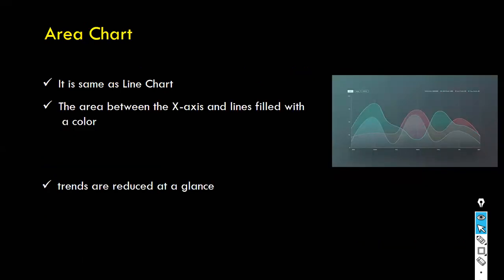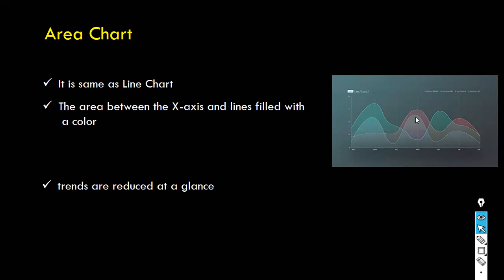The area chart and line chart are the same in one aspect, because with both you are able to find out the trend. But what exactly is the difference between an area chart and a line chart? Why should I use an area chart, when both of them give me the trend? The difference is the area between the x-axis and the lines.